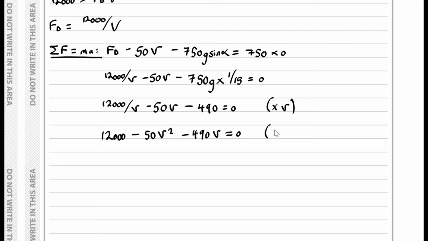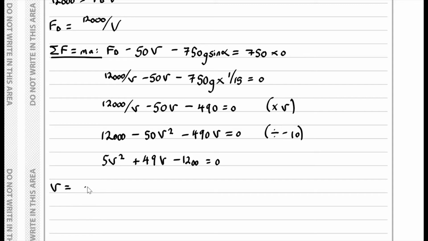And if we divide by minus 10, we have 5V squared plus 49V minus 1200 equals 0. And now we just have to solve this quadratic equation.